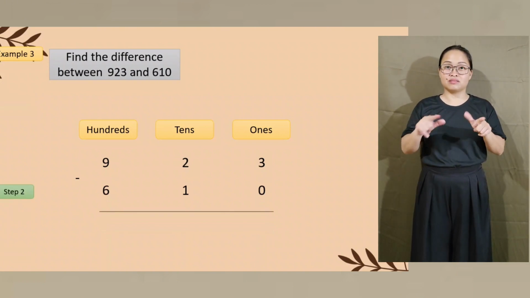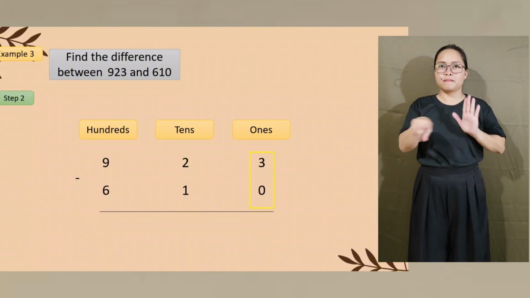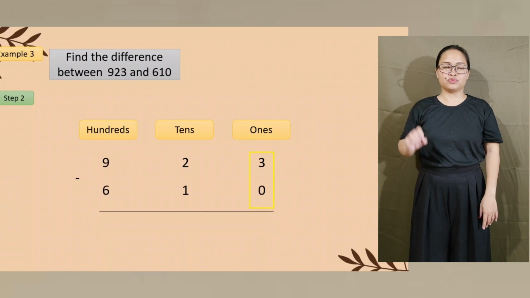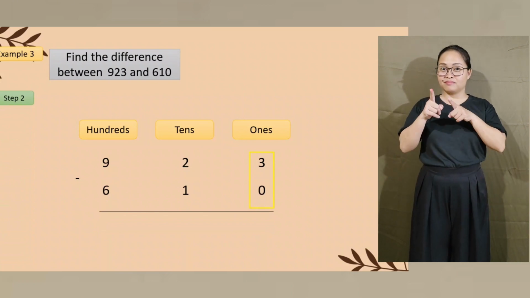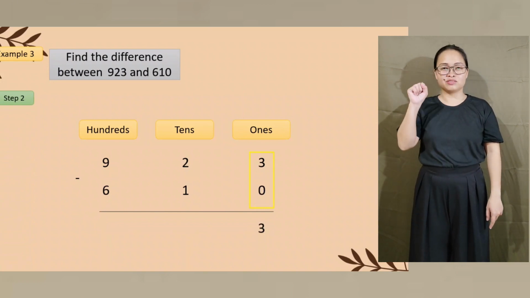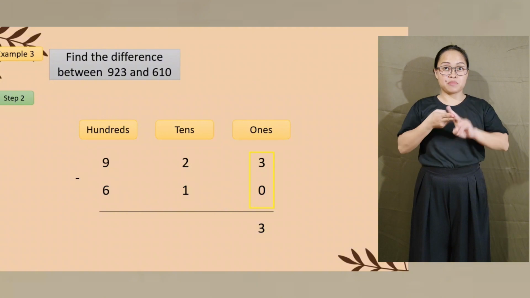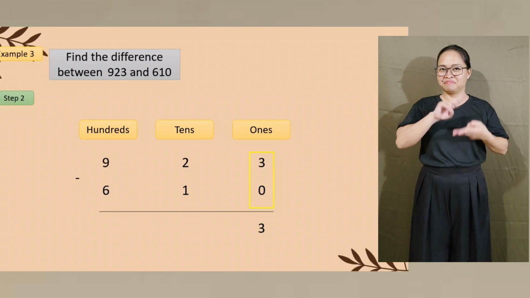And let's start subtracting in ones place. 3 minus 0, if we take away 0 from 3, the answer is still 3. Because any number from which 0 is subtracted, the difference is the number itself.